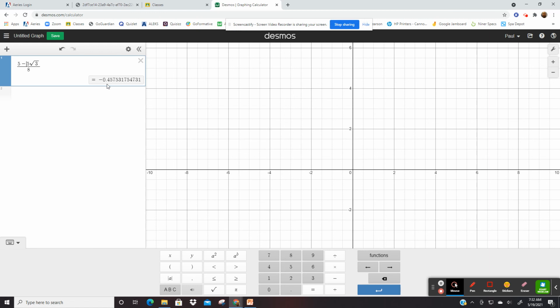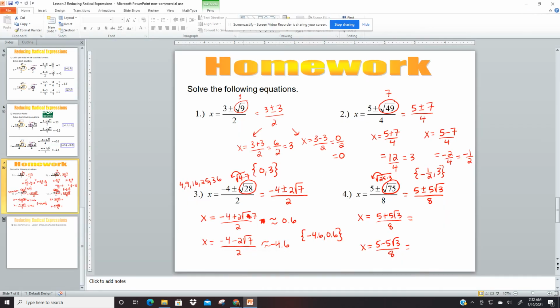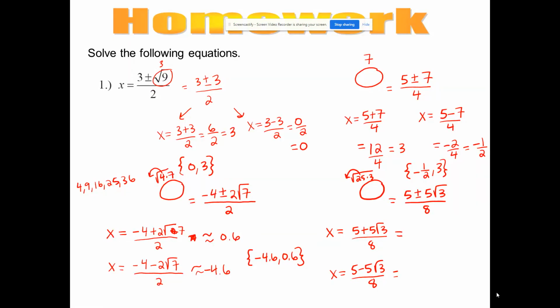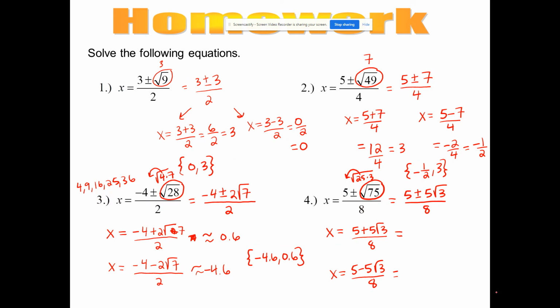So I got 0.45. So because that's a 5, this is going to be 0.5. So negative 0.5 and 1.7.